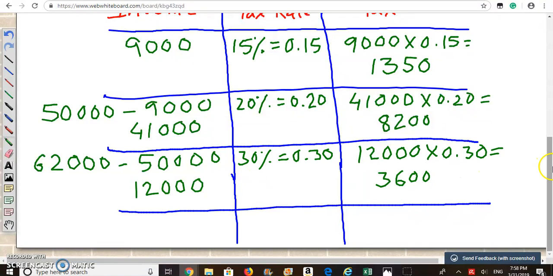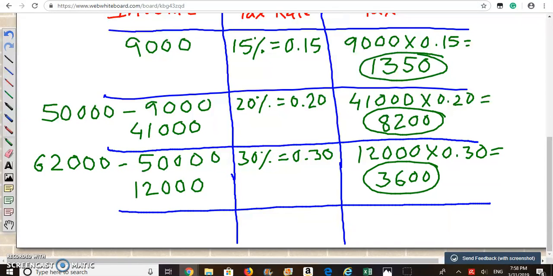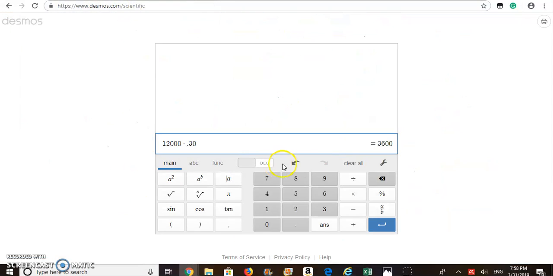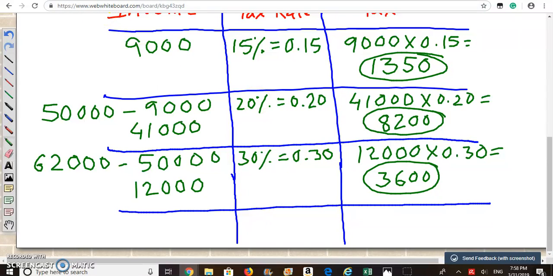So now we are going to calculate what is the total tax that he is paying. So what we will have to do, we will have to add this up. So we will add 1,350, 8,200 and 3,600. Let us just do that. So 1350 plus 8200 plus 3600.